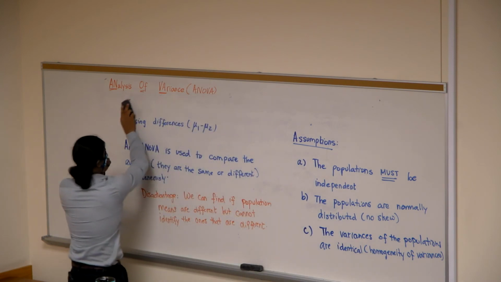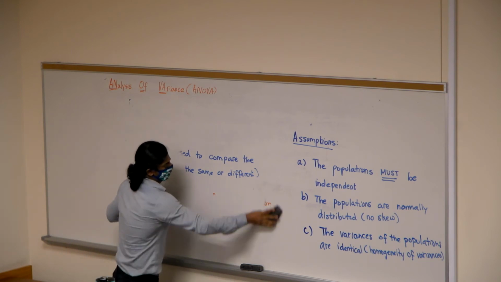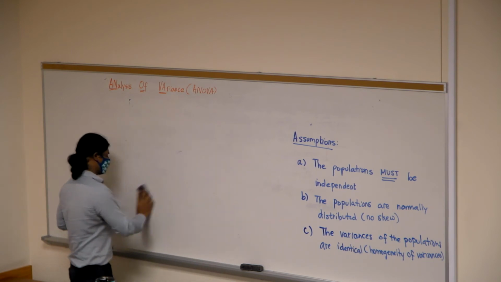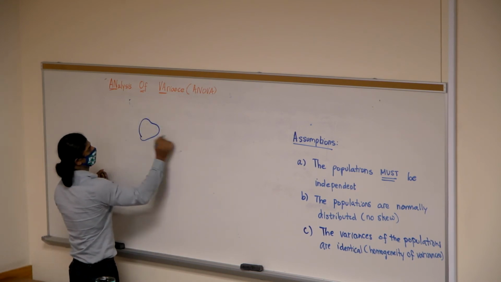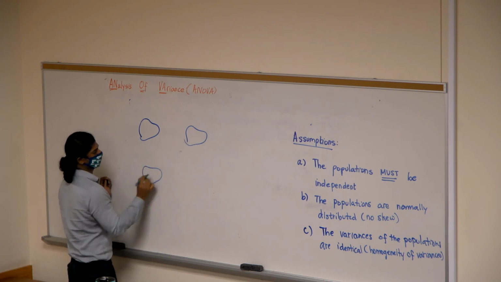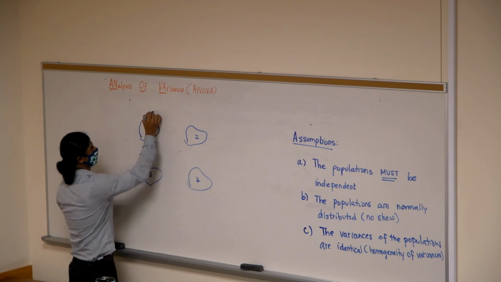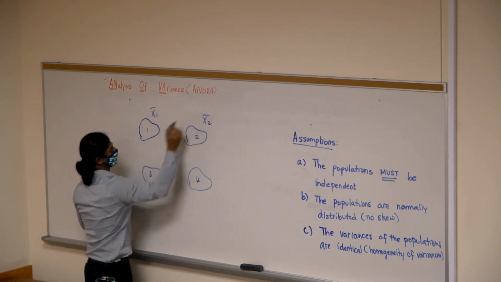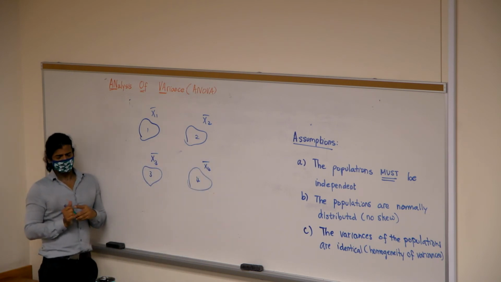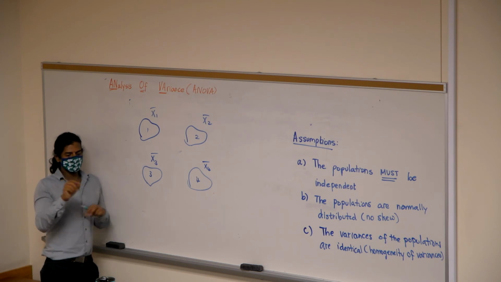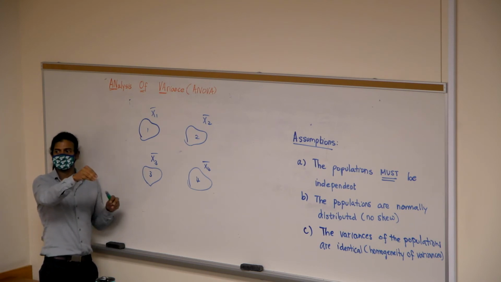Why do we call it analysis of variance? When I use an example, it would make better sense, but going back to my schematic, we want to know how far each of these averages are from some center point, right?